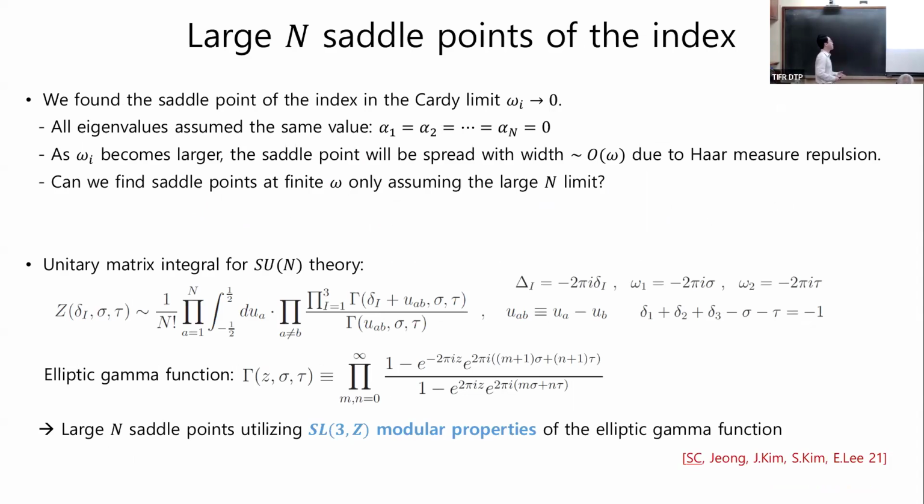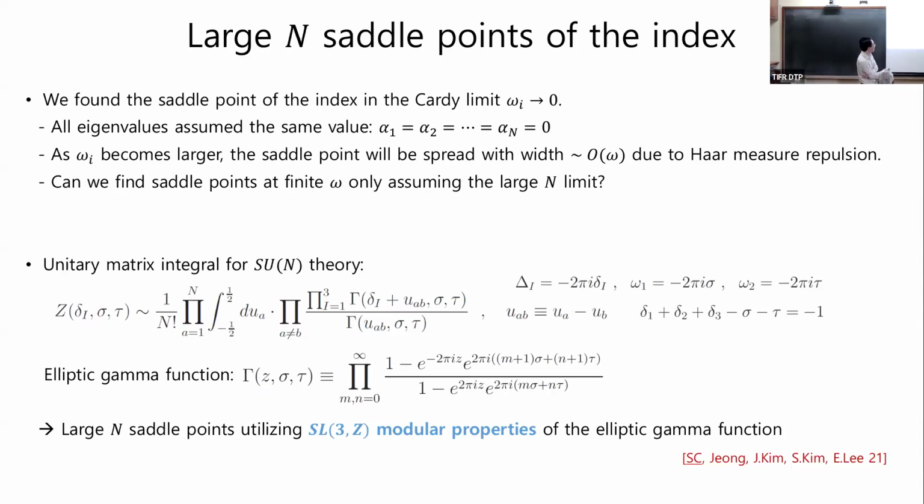Can we find saddle points at finite omega, only assuming the large N limit, which will be dual to arbitrary size black holes in AdS5? The matrix integral can be written, as Abhijit said, as a product of elliptic gamma functions. This is just another way of writing the same integrand, and this elliptic gamma function has this double expansion form.